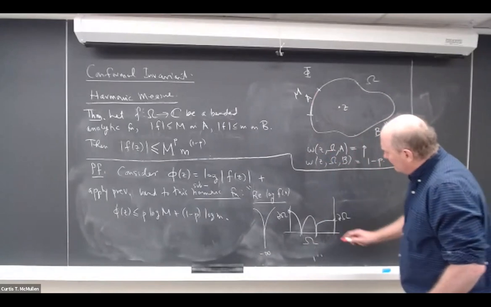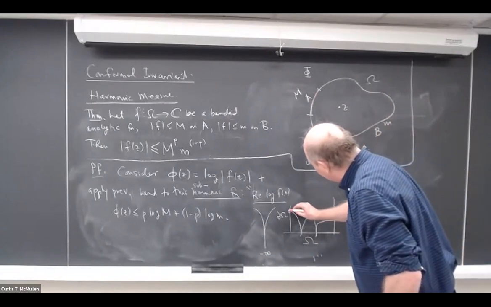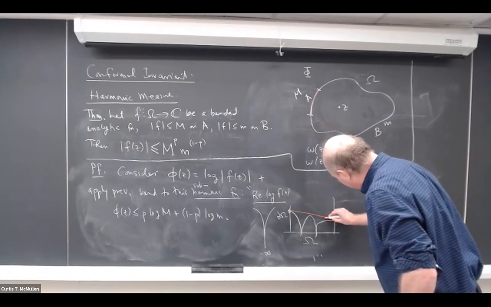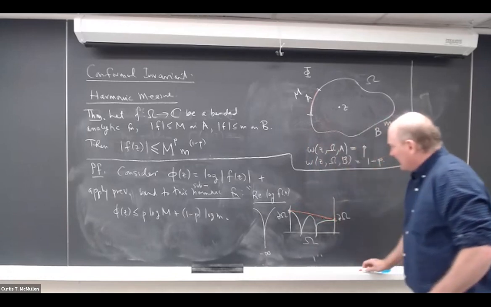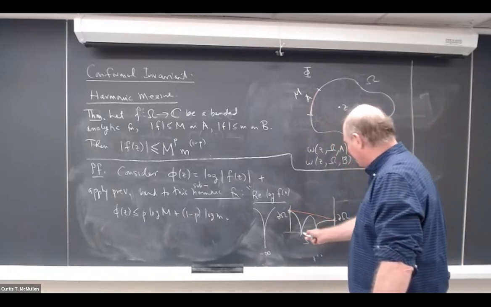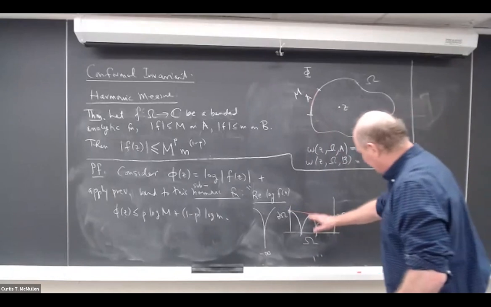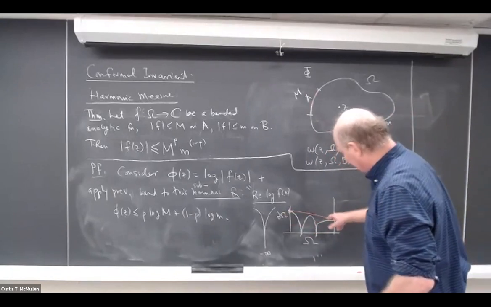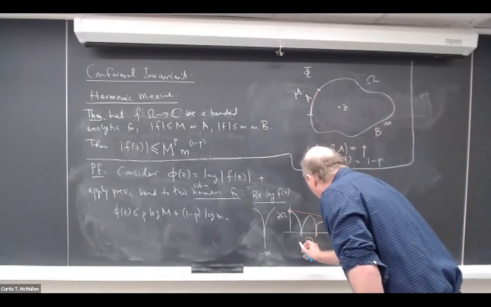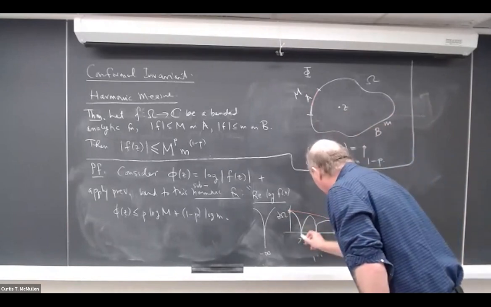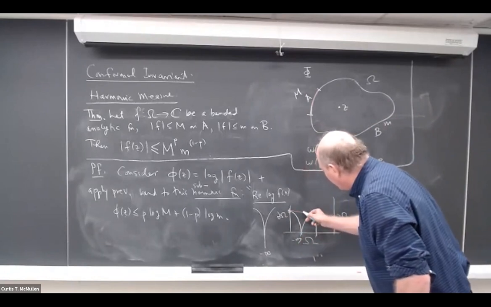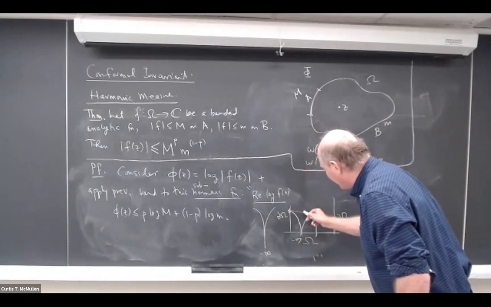One thing you can do is take the boundary values of this function and take their harmonic extension. And now I claim that this function with these bad singularities lies below the harmonic extension of the given boundary values. The reason is that when you go to one of these singularities, the function is going to minus infinity. So it definitely is below the harmonic extension, which has a finite value there.